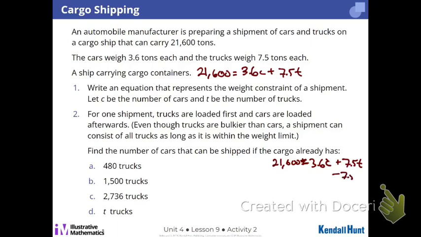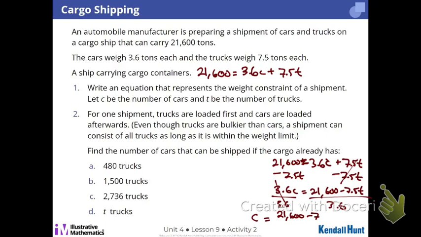So look what I can do if I solve for cars. Minus 7.5T. So 3.6 per car equals 21,600 minus 7.5T. Divide by 3.6. And now I have myself an equation. Cars is equal to the total weight, take away 7.5 tons for each truck, over 3.6.